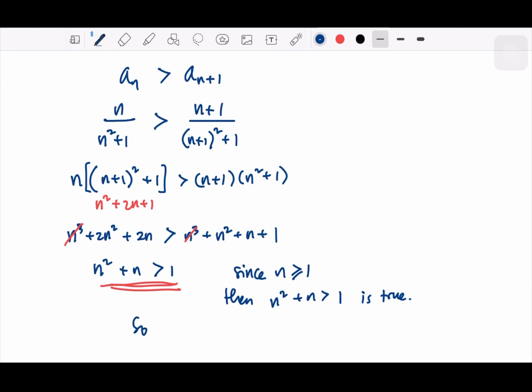Therefore, an is greater than an plus 1, and an is decreasing.